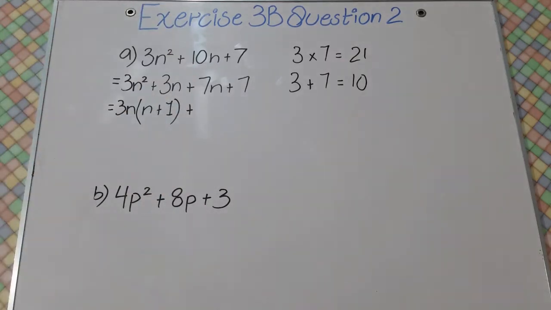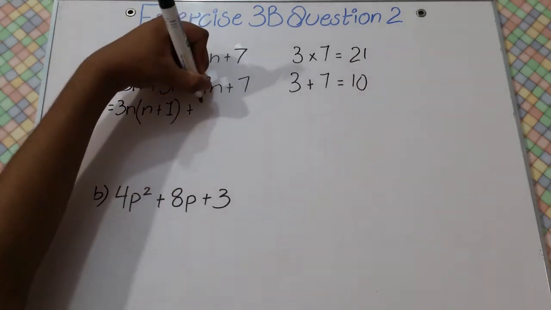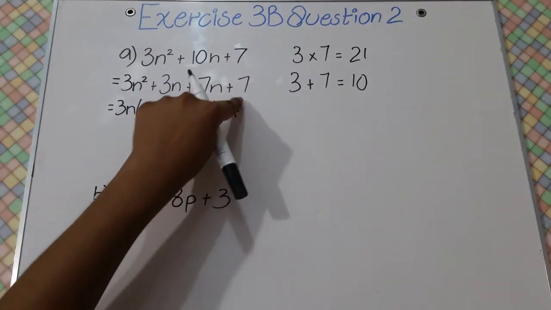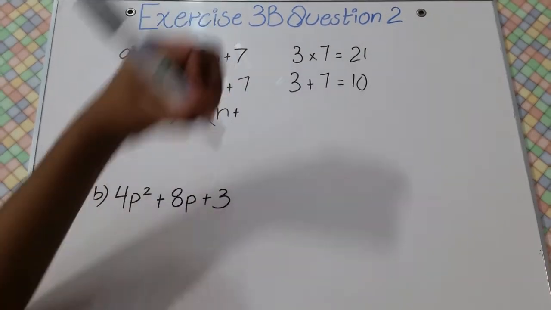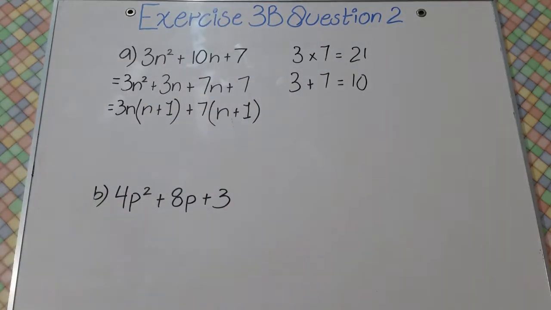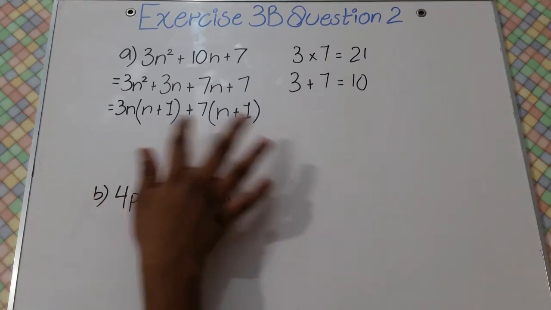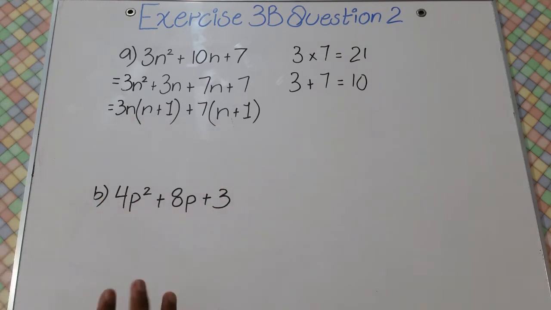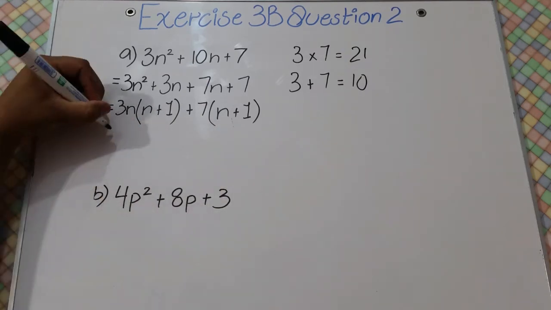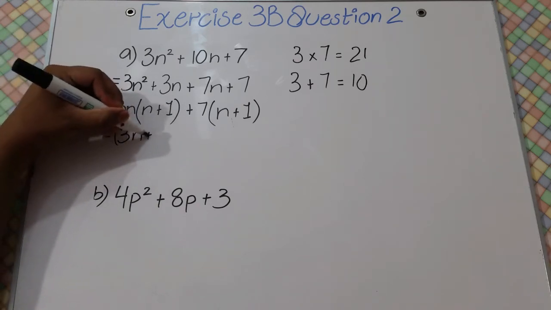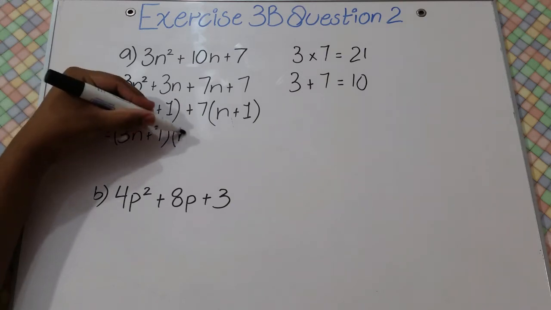Now over here we have a common of 7, and 7 multiplied by 1 is 7, so n plus 1. There's a trick to check whether you're doing the question right: if these two brackets are the same in their signs and in their values, that means you're doing it correctly. Now I'm going to write 3n plus 7 and then n plus 1.